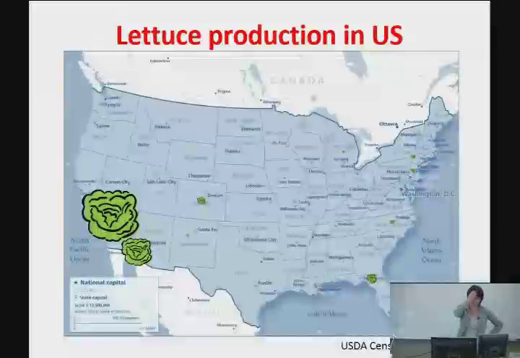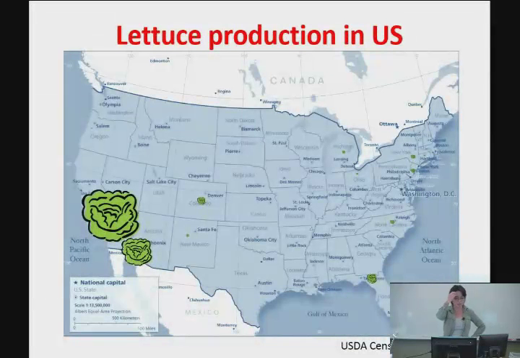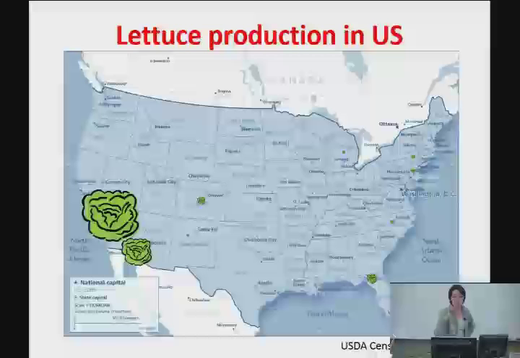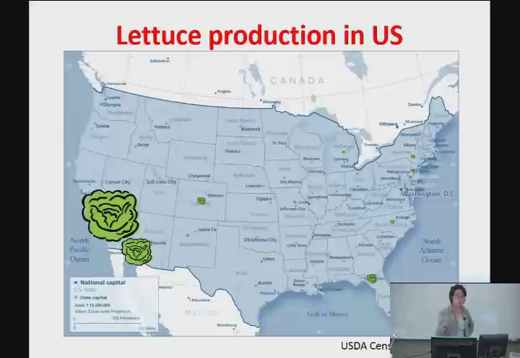This is a map showing lettuce production in the U.S. The size of each marker represents the amount of lettuce produced in that particular state. You see our produce comes from a limited number of states.